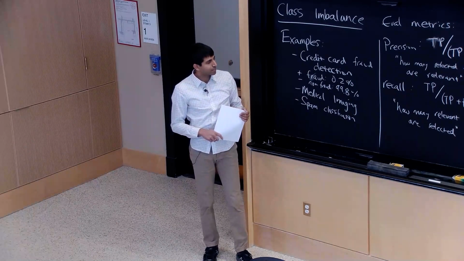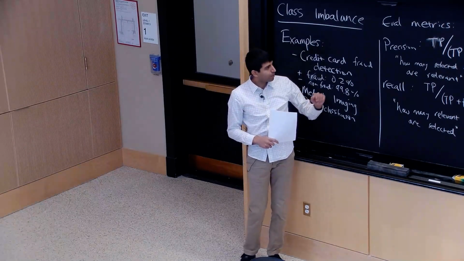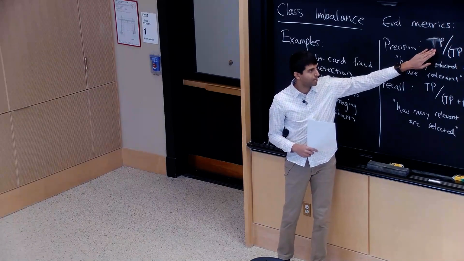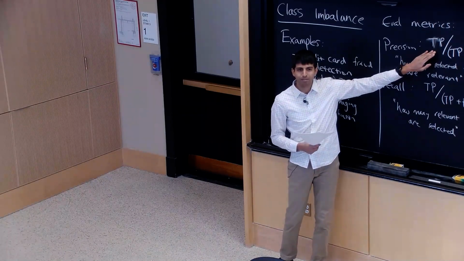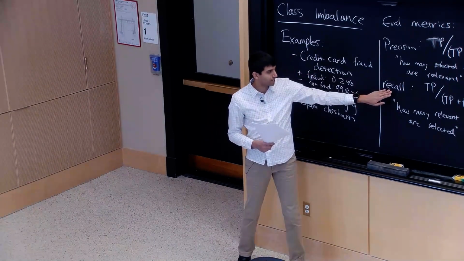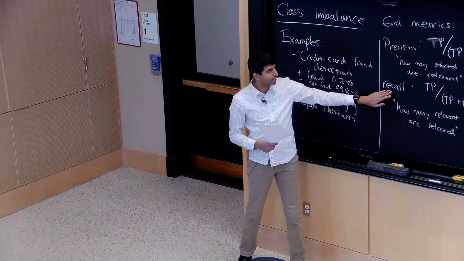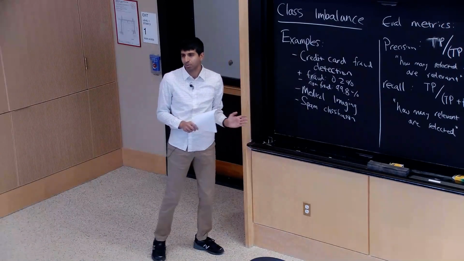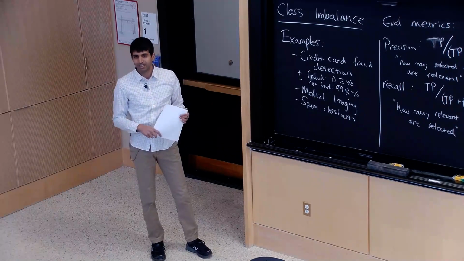So can anybody think of a situation where we want high precision? All the things that are flagged, or that the classifier says are positive, a high fraction of them are indeed positive, and recall is less important: it's okay if some things that are actually positive are missed by the classifier. So when would we want to err in that direction?